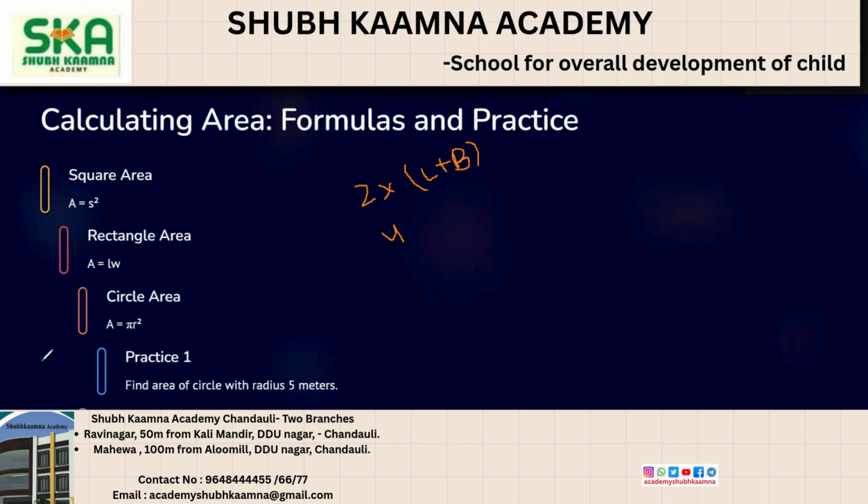Okay, let's take an example of rectangle. If a rectangle has a length of 10 meters and a breadth of 5 meters, now we have to calculate the perimeter and area both. So let's revise it.